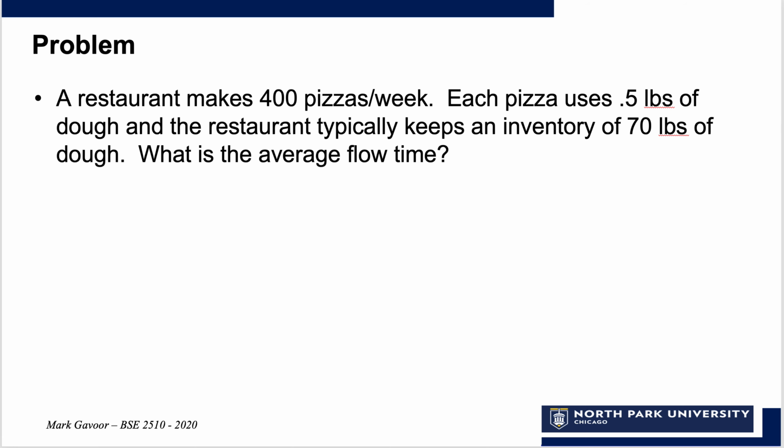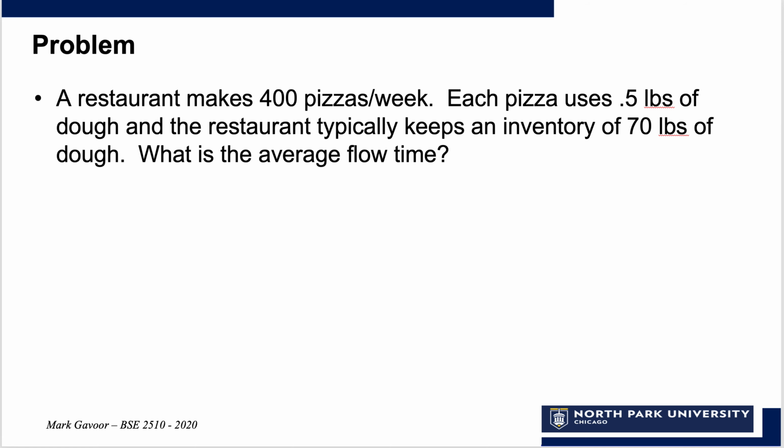Well, here we go. We're looking for the average flow time, that's T, so we must know what WIP and R are, and T equals WIP divided by R. We have 400 pizzas per week. That's good. And each pizza uses a half a pound of dough, and the restaurant typically keeps 70 pounds of dough.